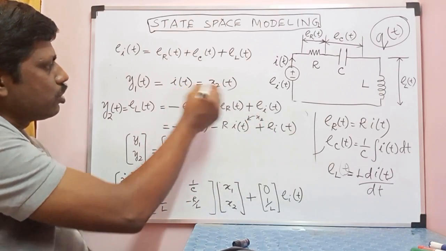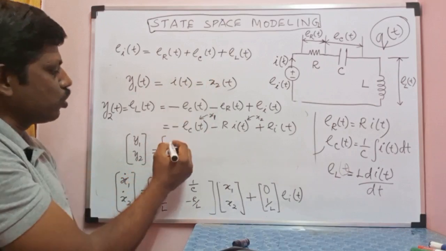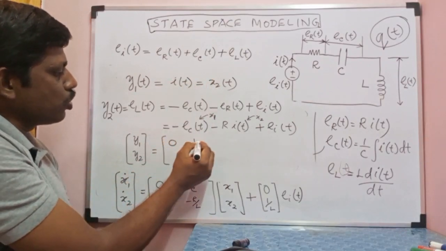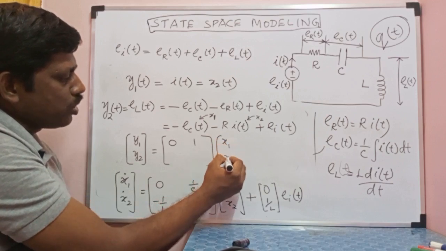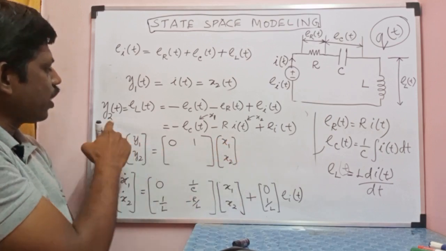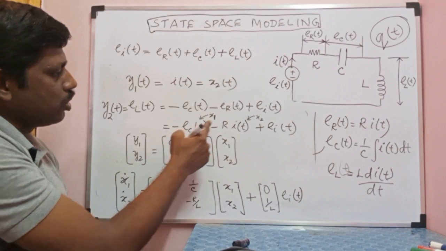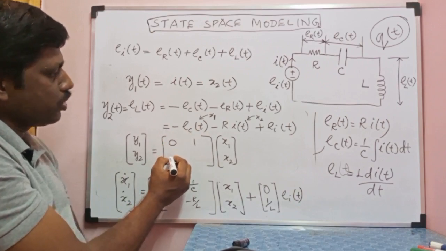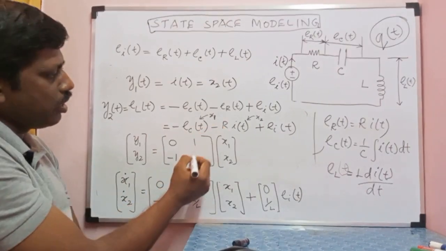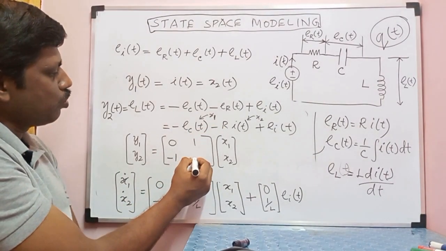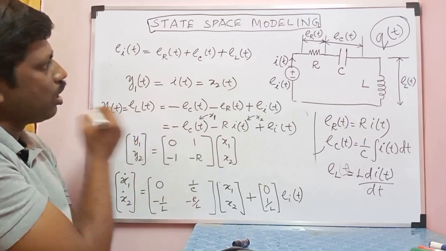So y1 is only x2, 0 1, times x1 x2, and y2 has x1 coefficient minus 1, and this is minus r.